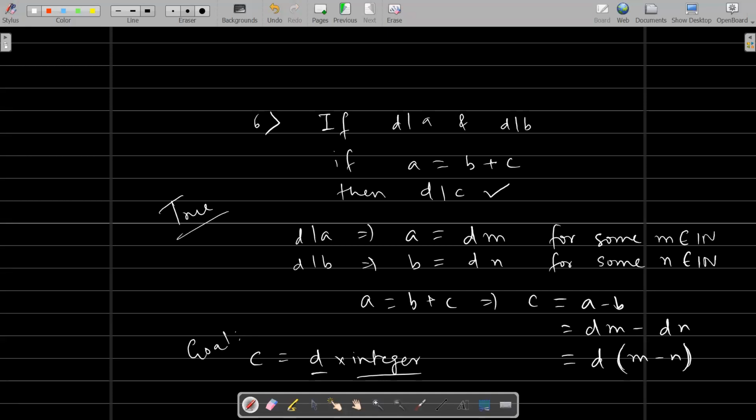So I get C equal to D times some integer. Note M minus N may not be natural. If M is smaller and N is larger, then M minus N could be negative, but anyway, it's an integer. So D times some integer is C. Is that okay? So D divides C.